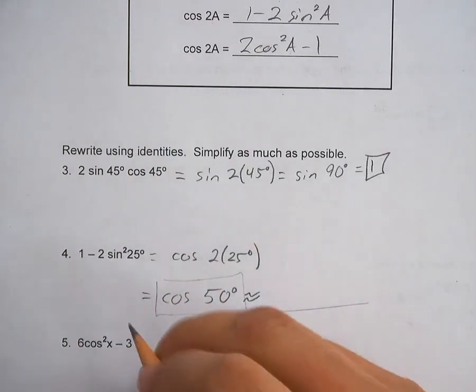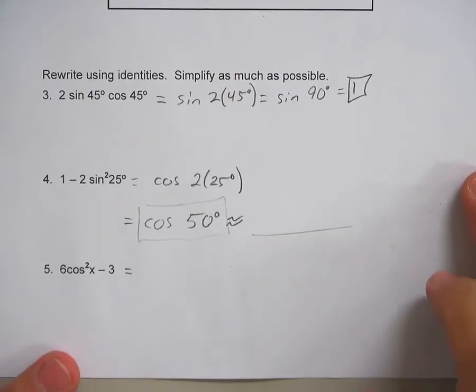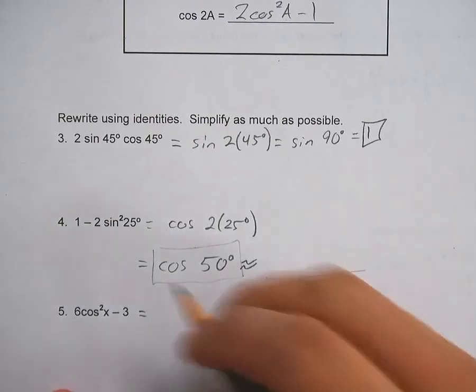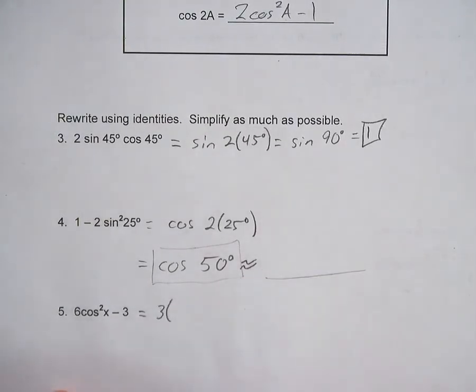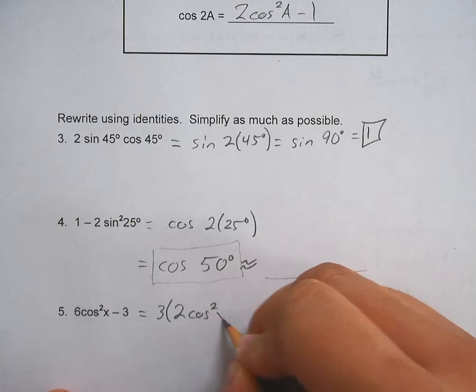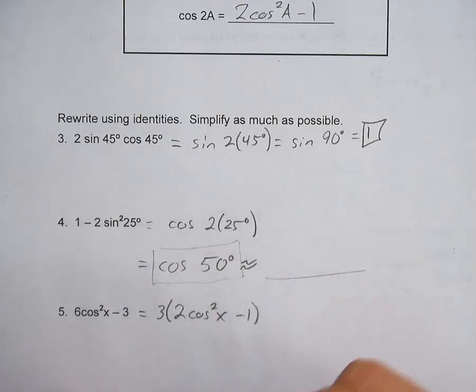Here's what I mean. If I pulled out a 3 from here, so that this would be 2 cosine squared x minus 1, I can do that, and that's okay, right? So what's this going to simplify down to then?